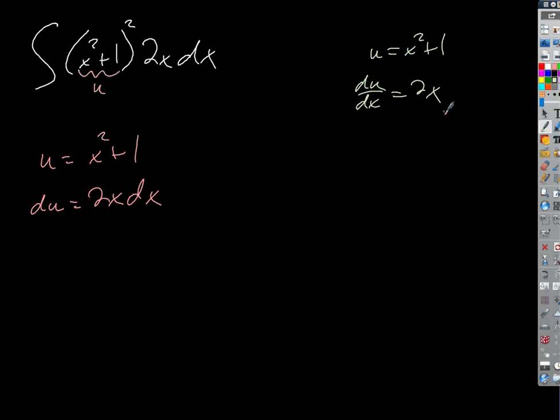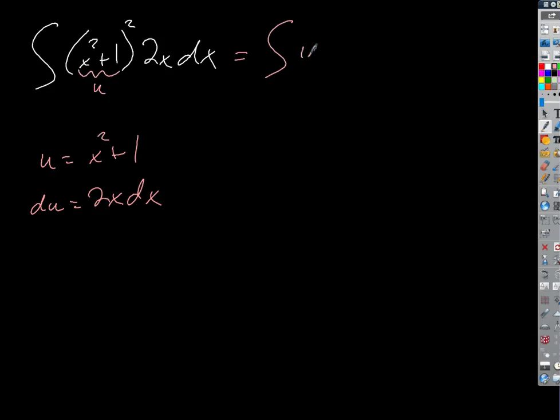Okay? Well, now look what happens if I make a substitution here. Look how easy this problem becomes. What does this integral look like if I make that substitution? Not x squared, it'd be u squared, right?